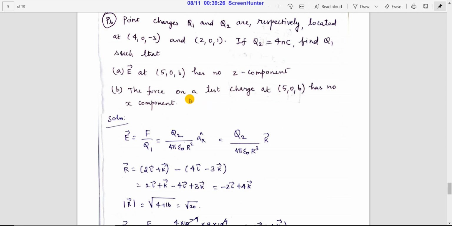Why we are dealing with this particular procedure is, the problem is given such that you are having only two charges, but only the second charge value has been given, not the first charge value. So you have to find out the value of electric field first at this particular point (5, 0, 6). That is, you are going to assume that you are not having any charge at this point.